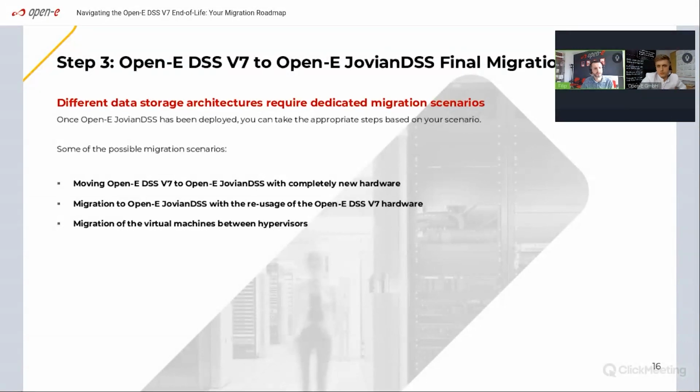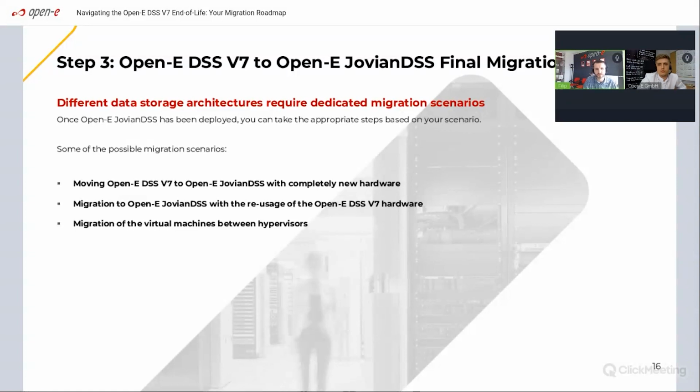Scenario number 3 would be also the migration of Open-E DSS V7 cluster to Open-E JovianDSS cluster, but this time reusing the same hardware. So again, you need to move all the data from the Open-E DSS V7 cluster to one node and stop the failover on the system, and subsequently shut down the one node which is not active anymore.